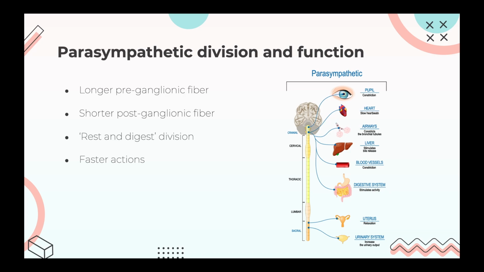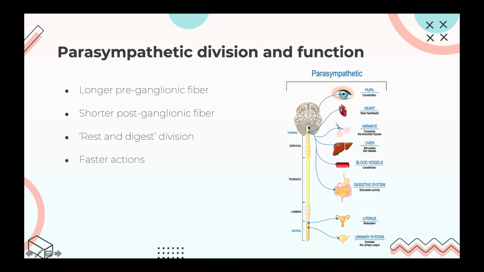So as I mentioned before, the preganglionic fiber is actually pretty long in the parasympathetic division. It actually just starts over here, as you can see in the bladder, and it goes all the way here, and only at the bladder, there's only a very small postganglionic fiber.